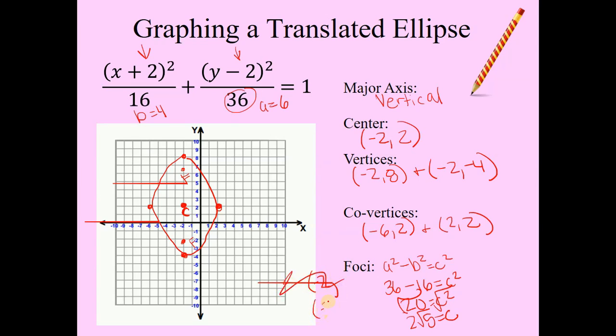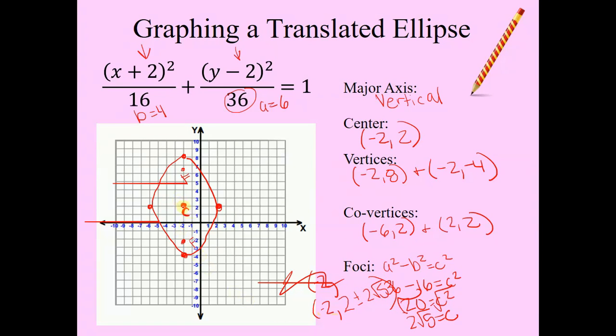Silly pen. -2. And then I went up 2 square root of 5, right? And then I went down 2 square root of 5 from the value of 2. So I could say I have 2 plus or minus 2 square root of 5 for my y.